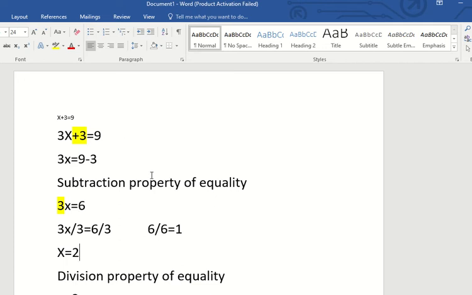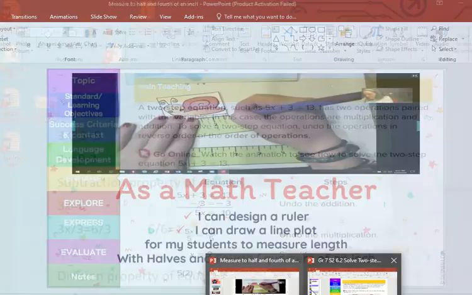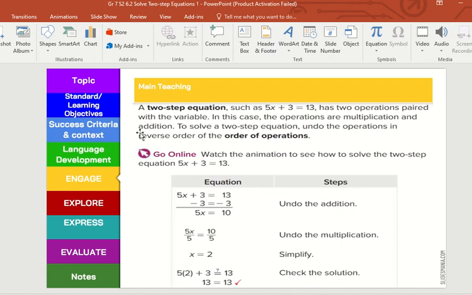Now we have the two steps to solve any equation. This is what has two operations paired with the variable. The operations are multiplication and addition. In 5x plus 3, plus 3 is addition, and multiply by 5 is multiplication.